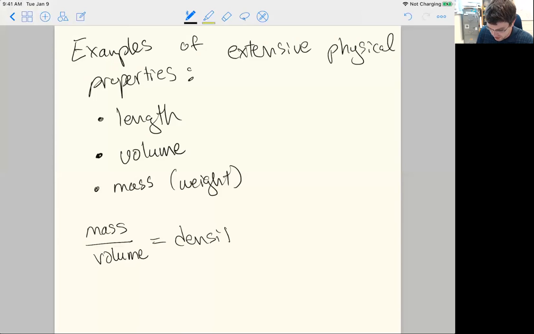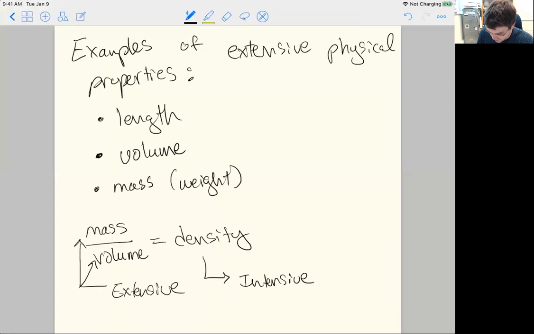If you take the mass of something and divide by its volume, you're going to get density. Now, we already defined that density is an intensive physical property, and mass and volume, we just said, are extensive physical properties.